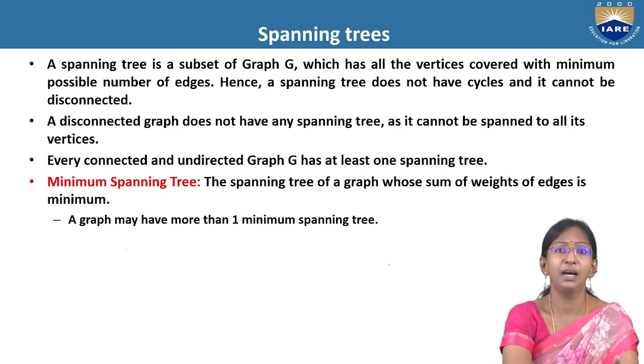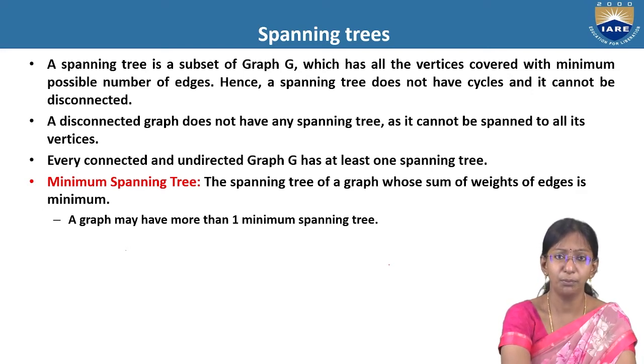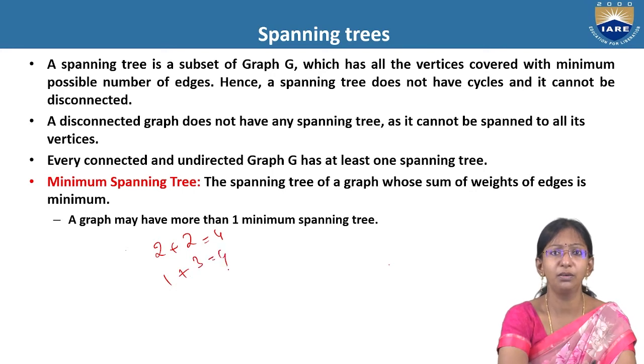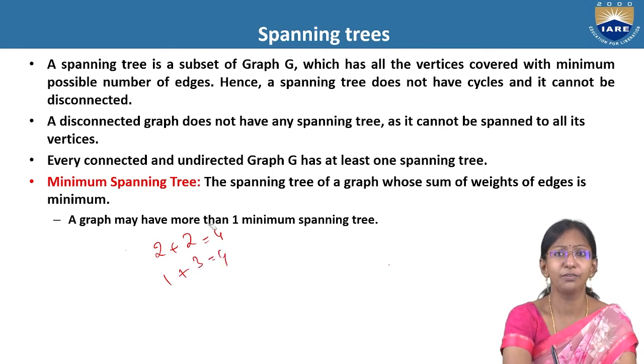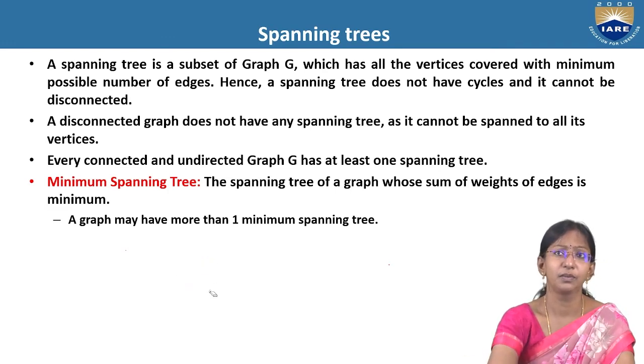Every graph has at least one minimum spanning tree, and you can have more than one minimum spanning tree. The weights are just a sum of numerical values. If you say 2 plus 2 is equal to 4, even 1 plus 3 is also 4. Am I right or wrong? So you can have more than one minimum spanning tree for a given graph.